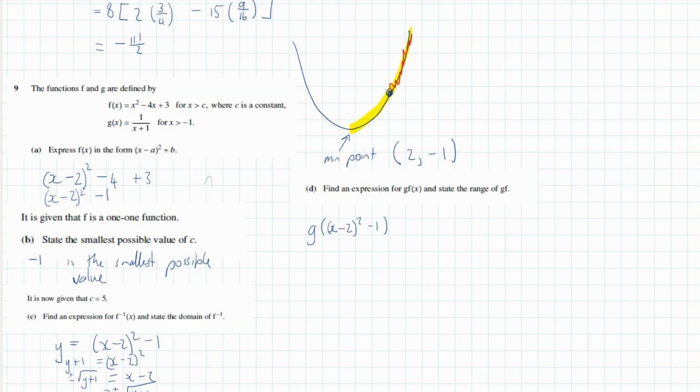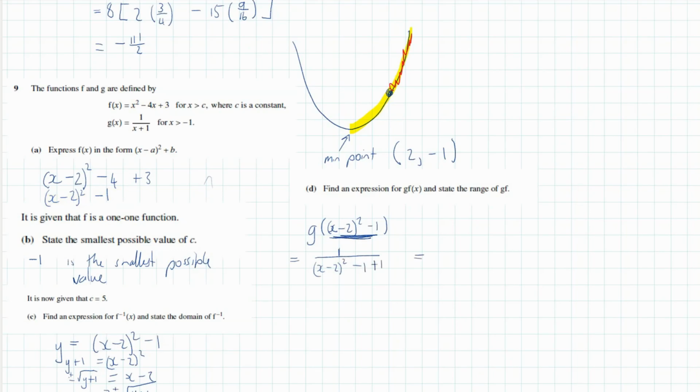Now g is 1 over x plus 1. So this whole thing becomes the x in g. So I'm going to have 1, then I'm going to have that over (x minus 2) all squared minus 1, and then I've got that plus 1 there.